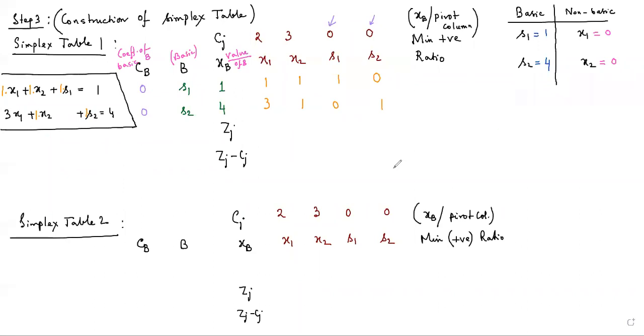And now I'm going to tell you how to calculate this quantity Zj. The formula for calculating Zj is the following.